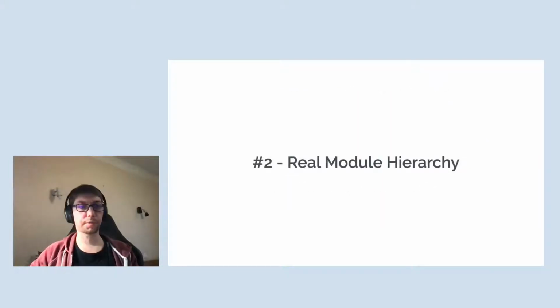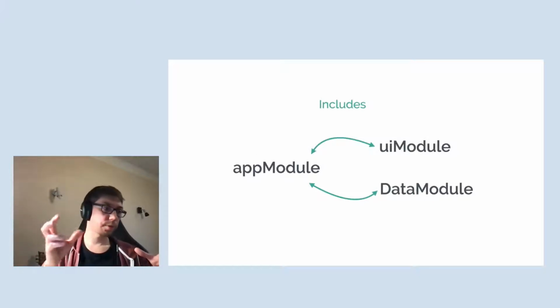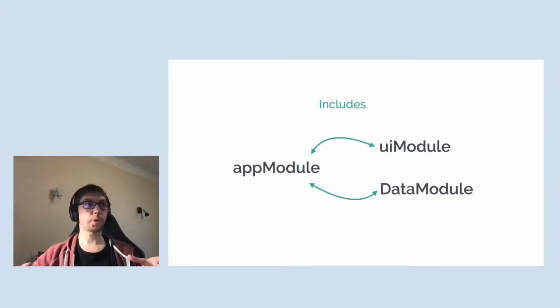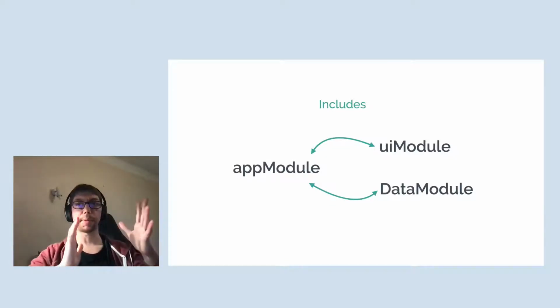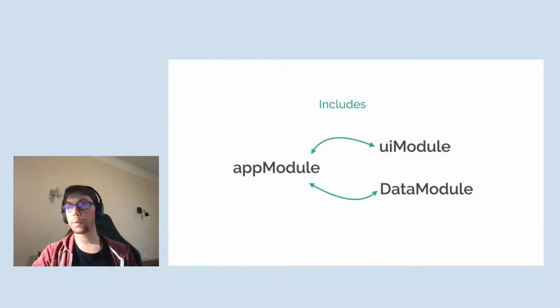Another thing that we introduced in Koin 3.2 is the modular structure. Instead of declaring each module one by one, with the plus operator in between everything and having a list of modules, what we introduce is the concept of includes.